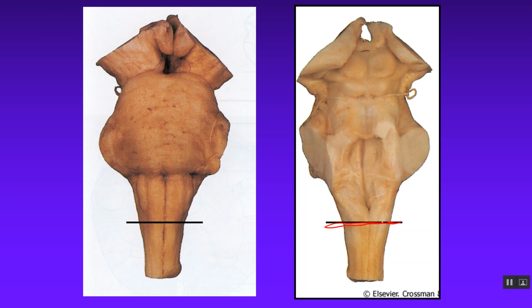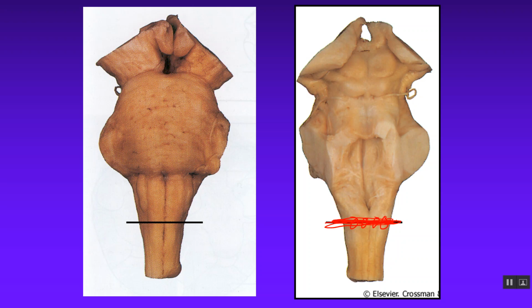So now we're in the medulla at the level of the nucleus gracilis, nucleus cuneatus, and the tubercles there. And this is actually where we're going to have what's called the lemniscal decussation.